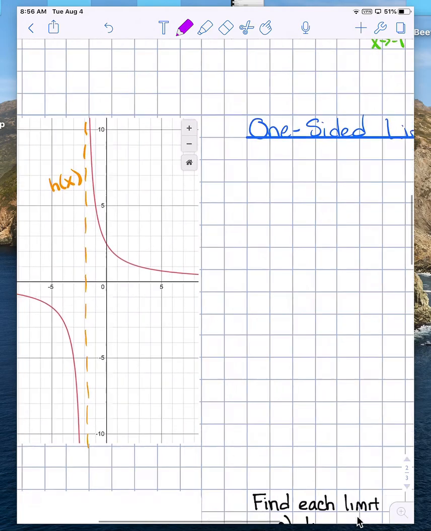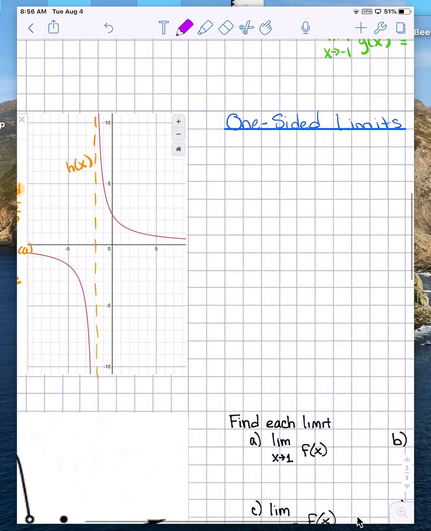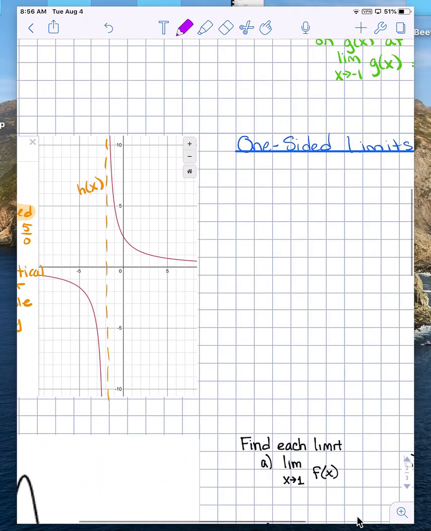Something that we call one-sided limits, because when we look at a limit, we're looking at it from two sides, from the right, from the left. So if I approach -2 from the right, so if I follow the function from the right side of -2, that's what's happening.